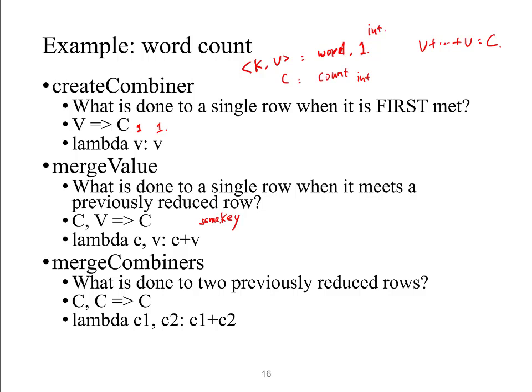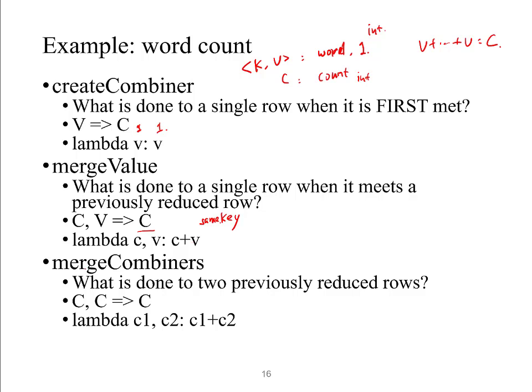C is the count of this word so far, and V is 1. So you get the new C. The function would be C plus V.